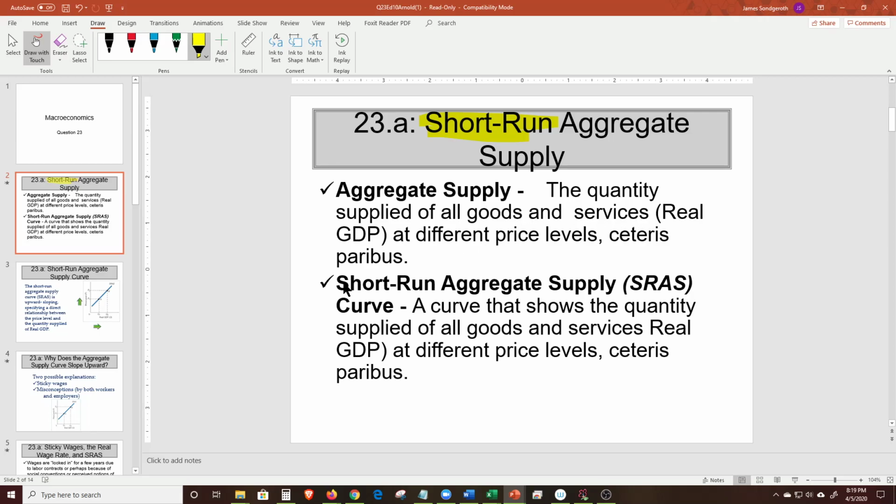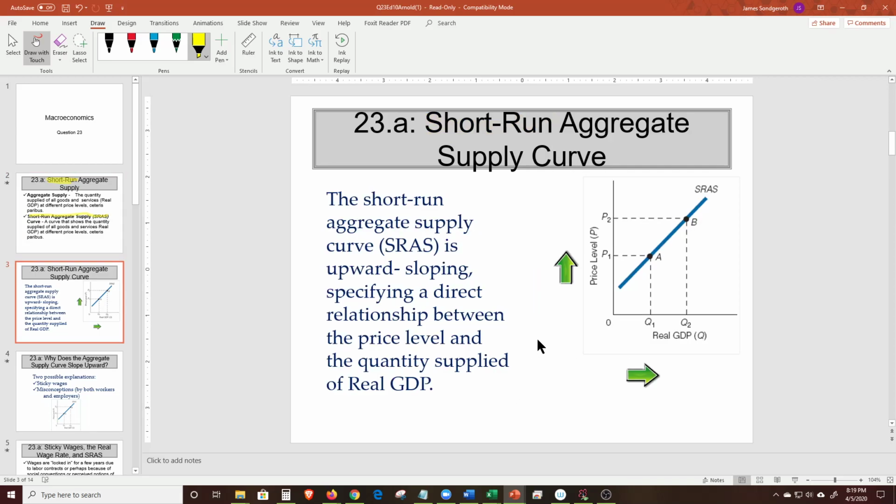The short run aggregate supply curve, SRAS, is a curve that shows the quantity supplied of all goods and services at different price levels, everything else the same. Hey, these kind of look like the same thing. Okay, here is a graph of the short-run aggregate supply curve.